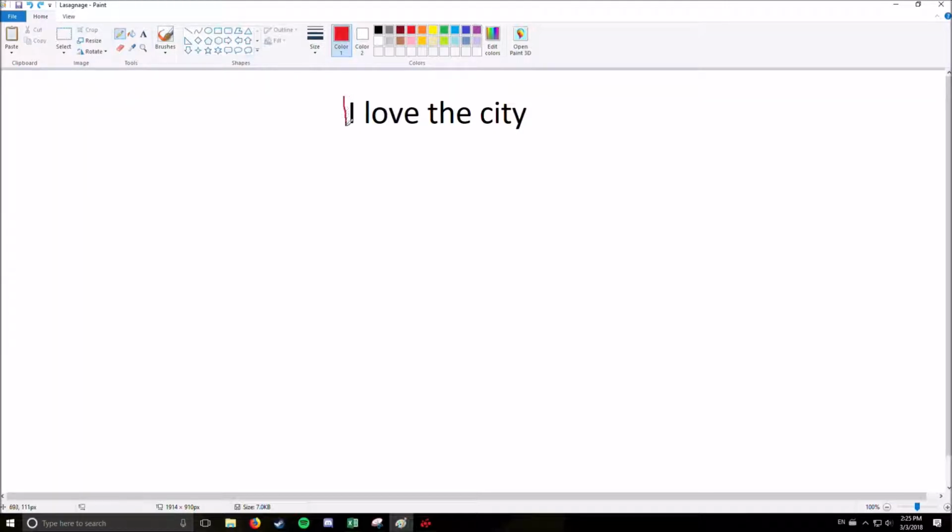Subject here is I. I doesn't have any modal verbs. It's not like I can love the city or I should love the city. There's no adjectives. So I is our only thing in the first chunk of text, and in Lasagnage that is z.